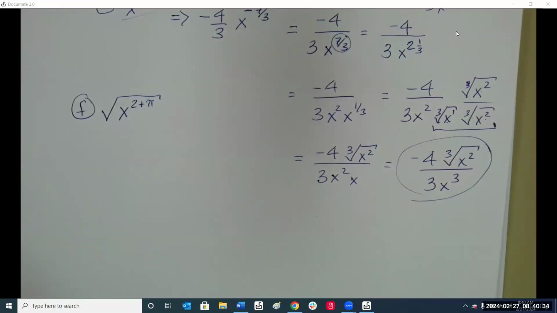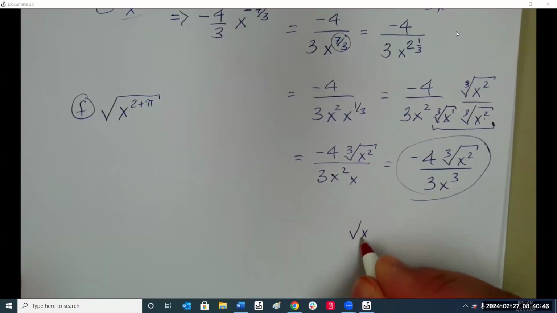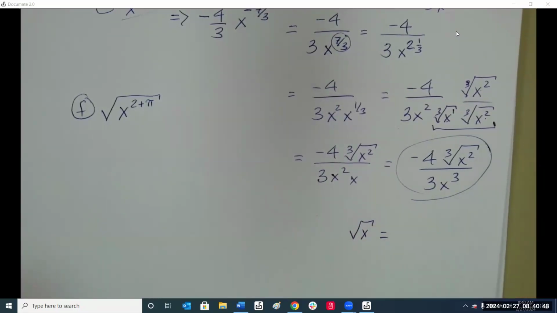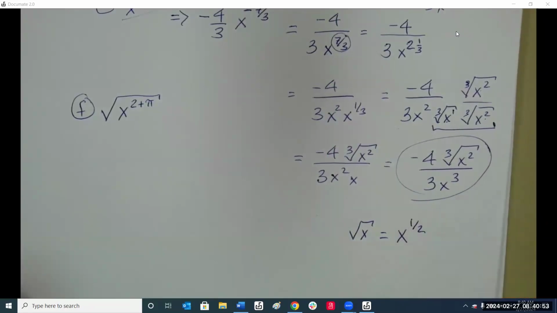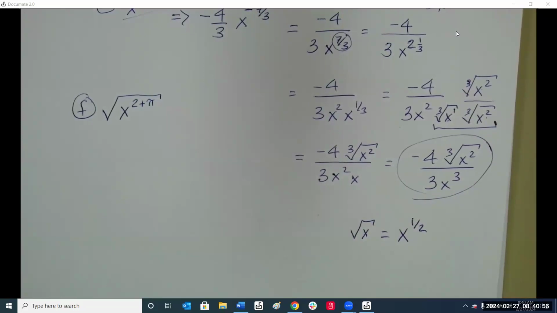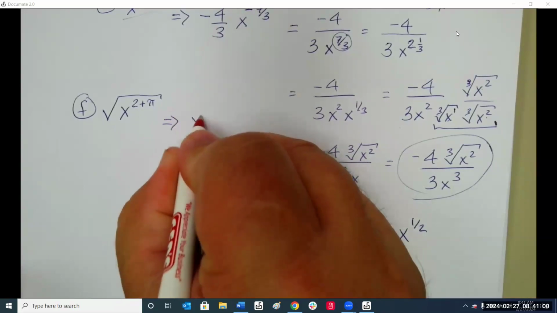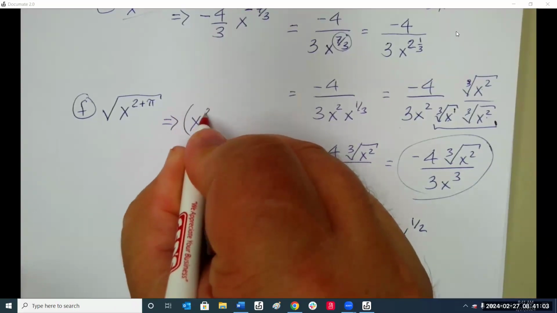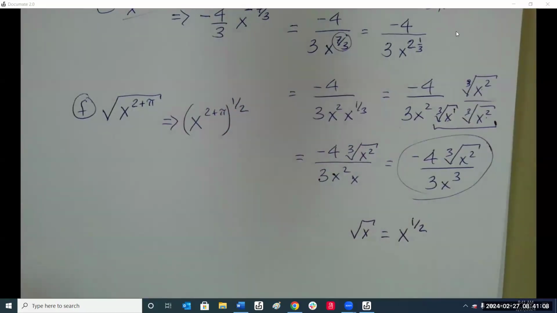What have we done with all the other radicals? How can you rewrite that? So we could do the same here. So this becomes x squared plus pi to the power 1/2.